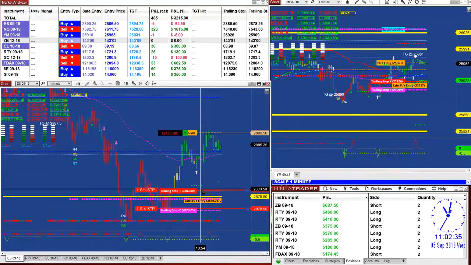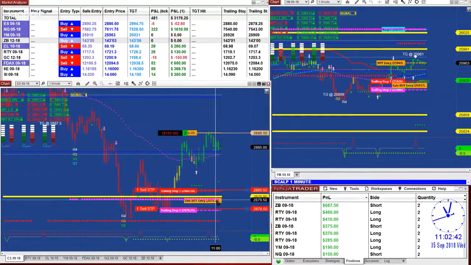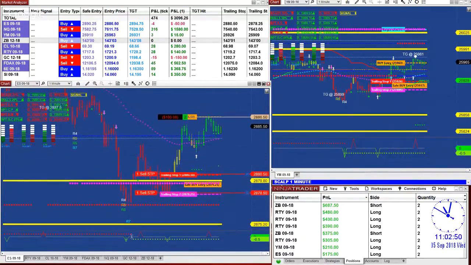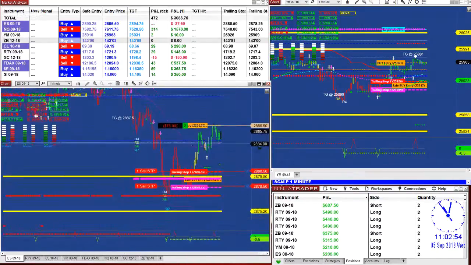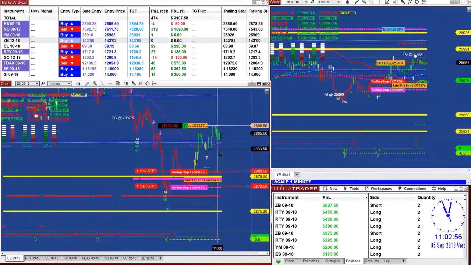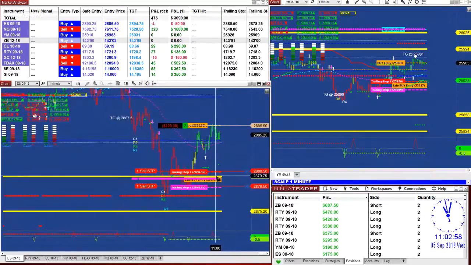So very rare, 8 out of 10, that any market pulling back to those areas is going to be projected most of the time. I cannot say all the time, most of the time. So if we notice this market fell here, we can add one more contract.